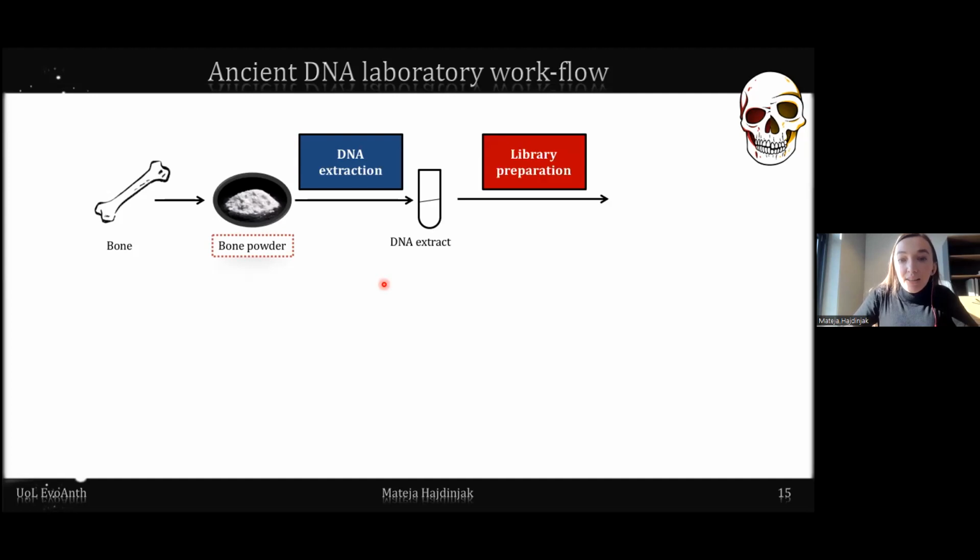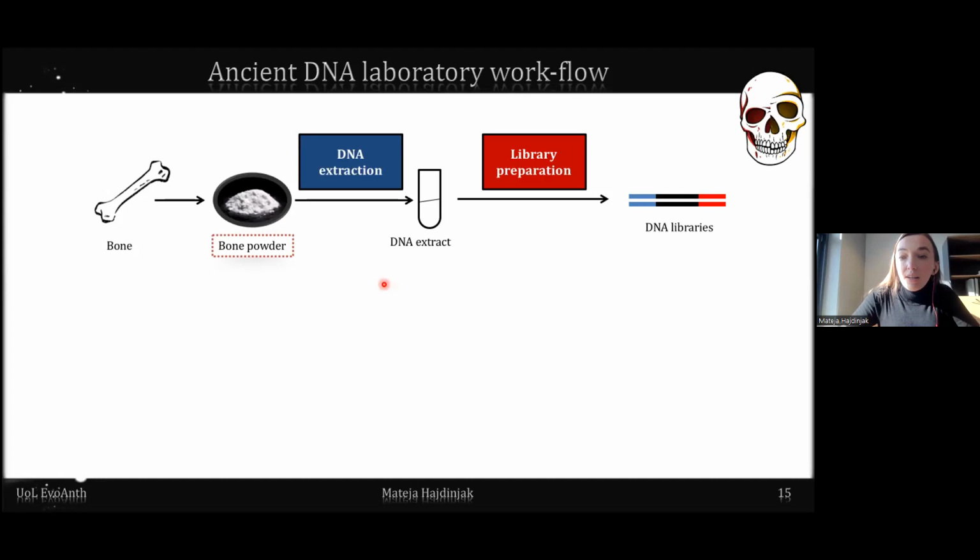Then we take small amounts of that DNA extract, which is now the soup of molecules of different sources that I showed to you in the beginning. So you have a mix of everything. And to these DNA molecules, in the step of what we call library preparation, or constructing of DNA libraries, we add adapters to the ends.